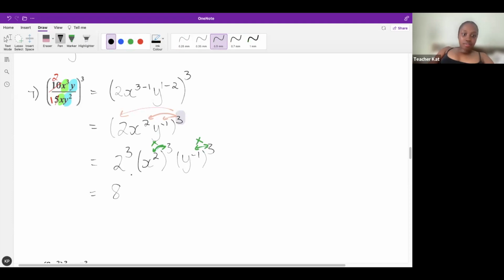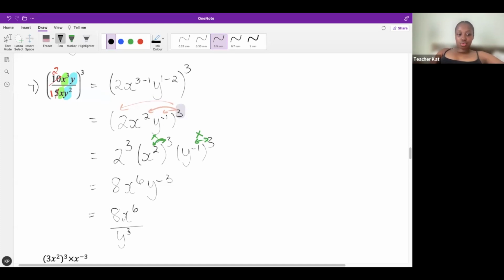So then X is going to have the power of 2 times 3, which is 6, and negative 1 times 3, which is negative 3. Which variable is moving to the denominator? The Y. Thank you, Bohlale and Tebogo. X to the power of 6 over Y cubed. Beautiful. Few seconds to finish this off.